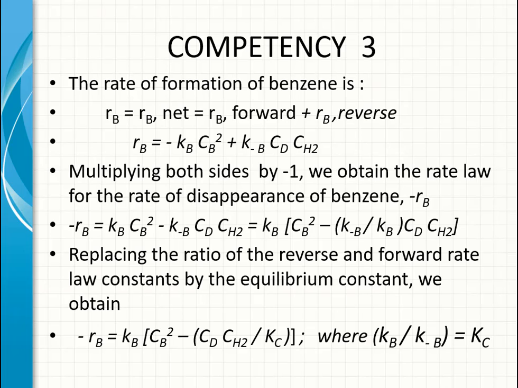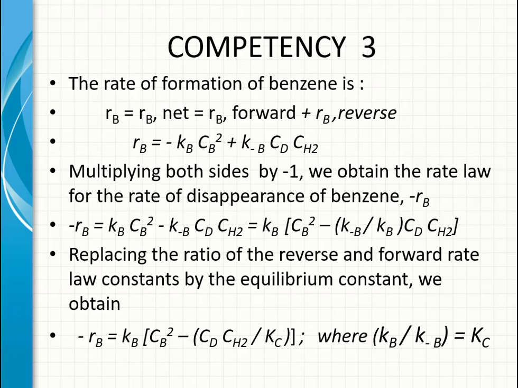If we multiply both sides by minus 1, we obtain the rate law for the rate of disappearance of benzene, which is minus Rb. So minus Rb is equal to Kb times the concentration of B to the second power minus K minus B times the concentration of D times the concentration of H2.